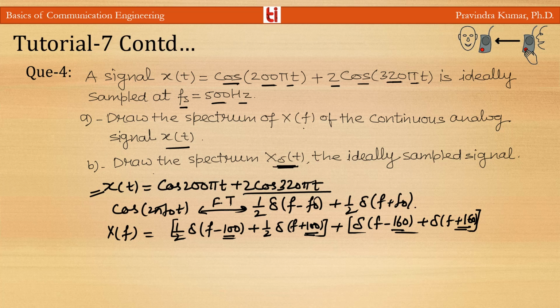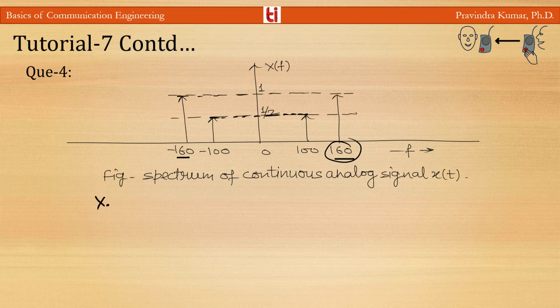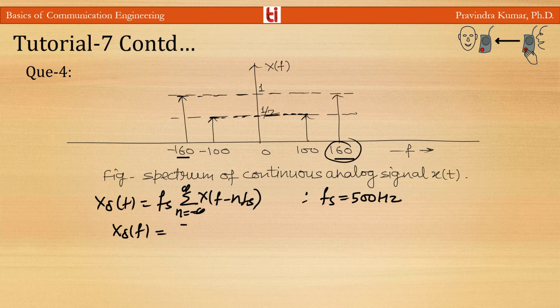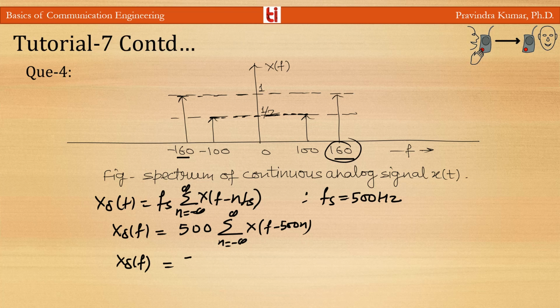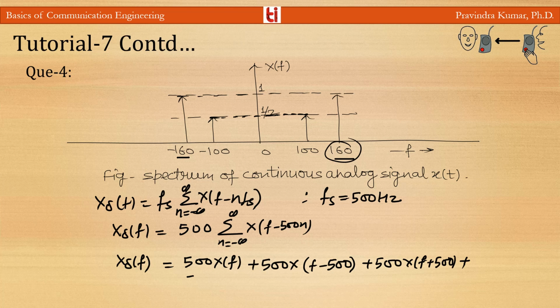The spectrum of x_δ(t) will be X_δ(f), and X_δ(f) is fs times the summation from minus infinity to infinity of X(f − n fs), and here fs is 500 Hz. So X_δ(f) can be written as 500 times the summation of X(f − 500n). So we can represent X_δ(f) as 500 X(f) plus 500 X(f − 500) plus 500 X(f + 500) plus 500 X(f − 1000) plus 500 X(f + 1000) and so on.